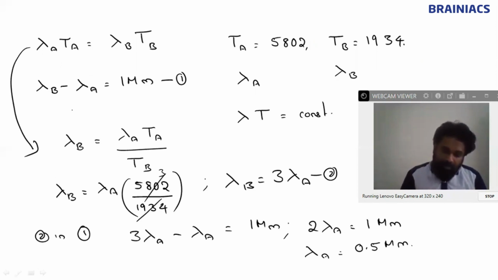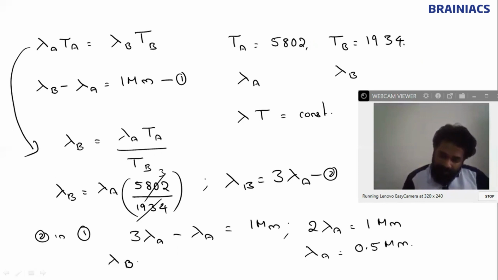So lambda B minus lambda A is 1 micrometer. Lambda B is how much? 3 lambda A. So 3 lambda A minus lambda A is 1 micrometer. So lambda A is equal to 0.5 micrometer.